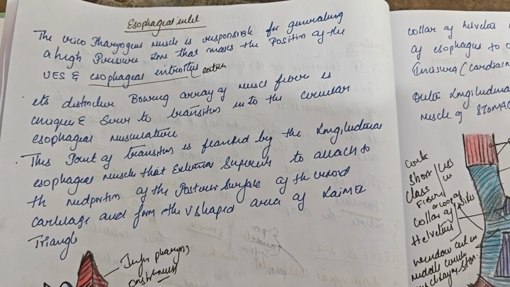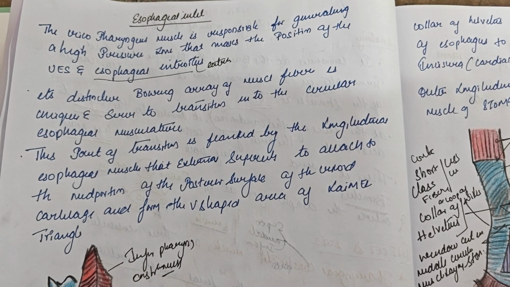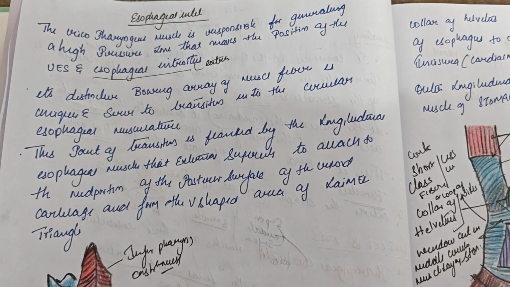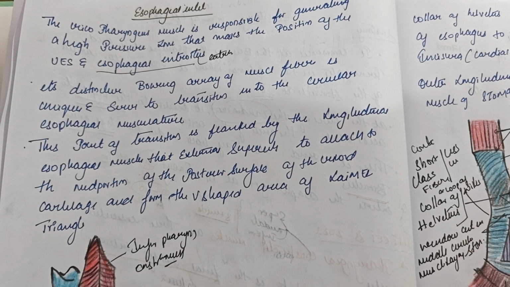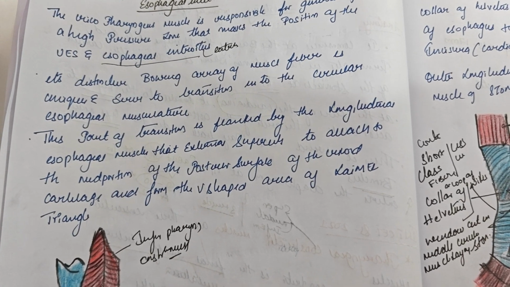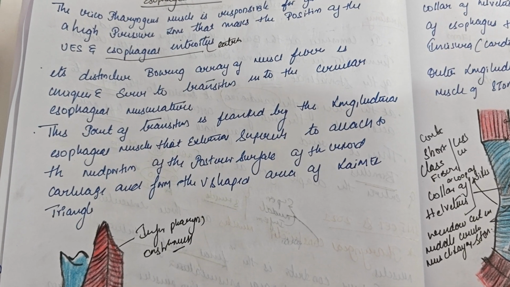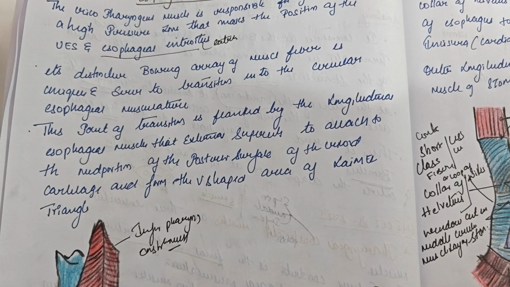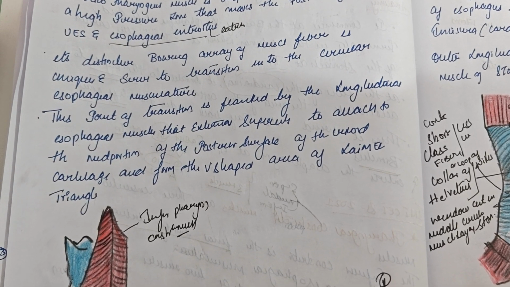And what is it trying to tell us? The cricopharyngeus muscle is responsible for generating a high pressure zone that makes the position of the upper esophageal sphincter and esophageal introit. It's also written that its distinctive bowing array of muscle fibers is unique and serves to transition to the circular esophageal musculature.